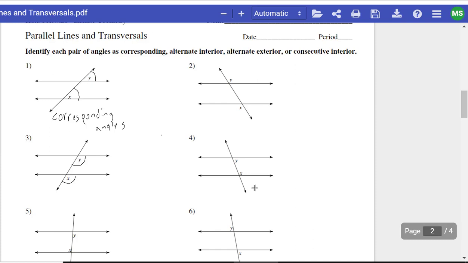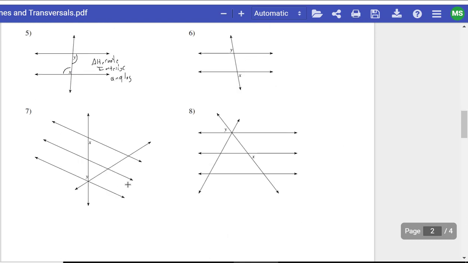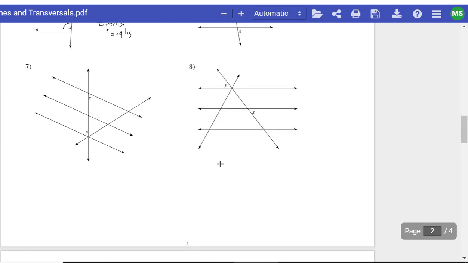So for example, number 5, these are going to be on either side, so they're alternate interior angles. So you can go through this and you can name these.